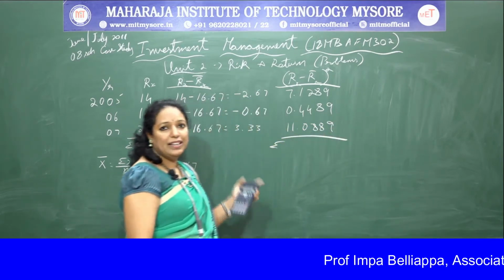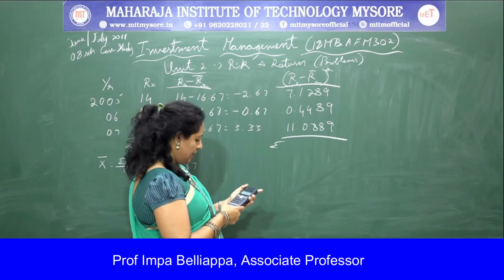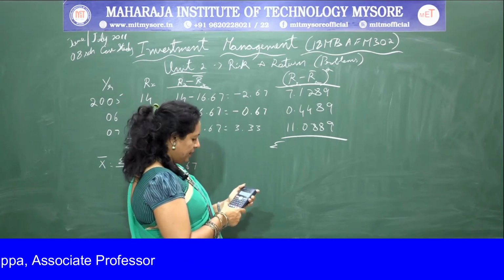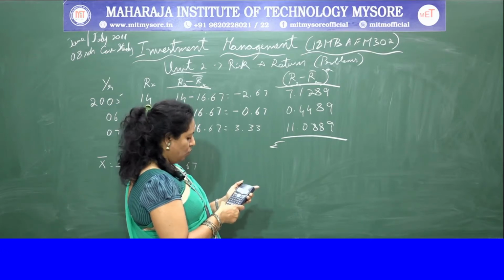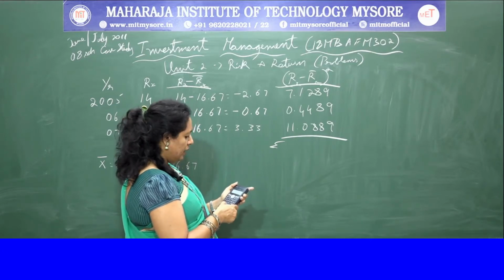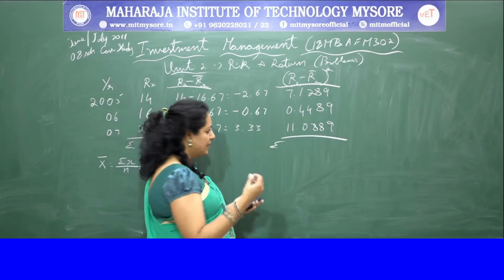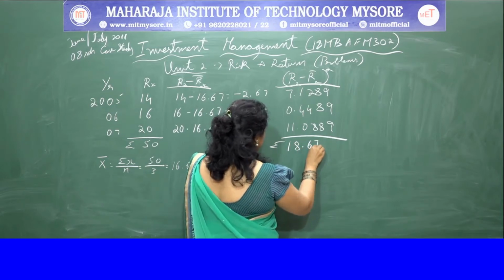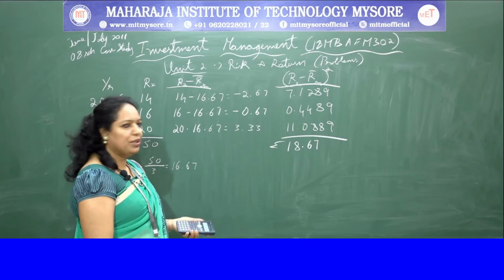There is no probability, so we add them up: 11.0889 plus 0.4489 plus 7.1289. Your answer is 18.66667, so we'll hold it to two digits, 18.67.